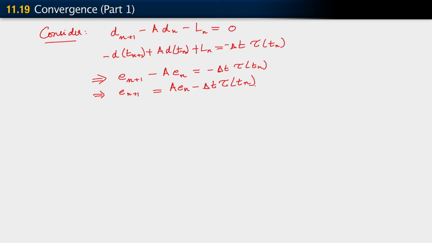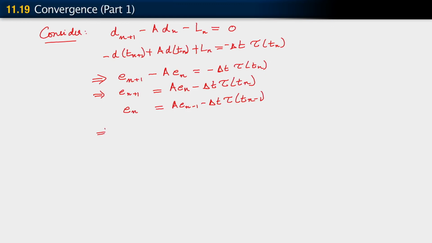Okay, I'm going to use recursion now and write from here E at n equals A E at n-1 minus delta t tau at t^{n-1}.